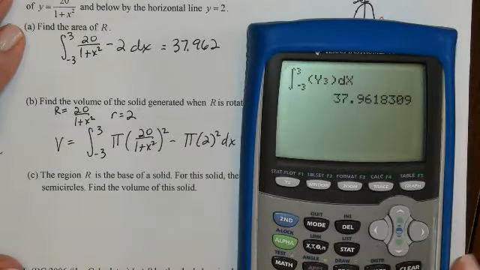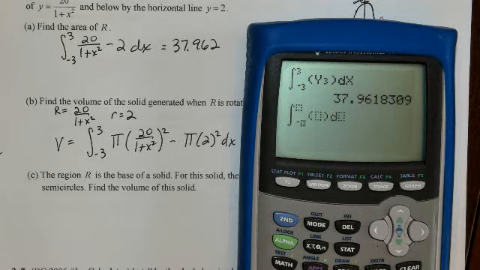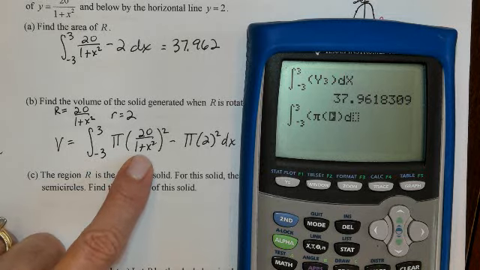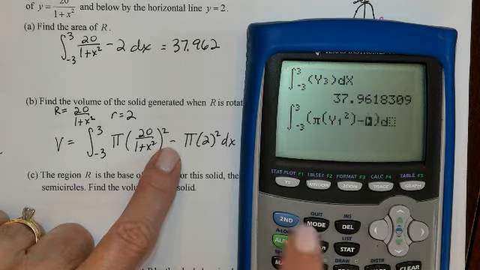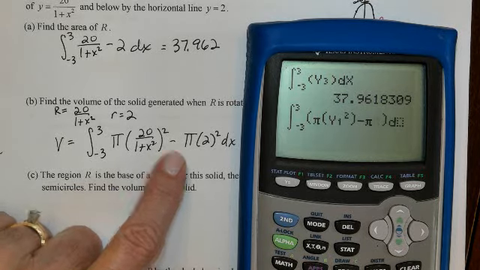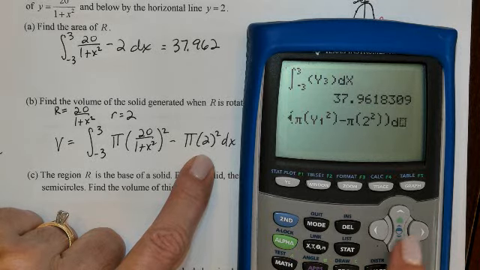So back to our calculator. Math 9, negative 3 to 3, pi times y1 squared, minus pi times 2 squared, or 4, okay, dx.